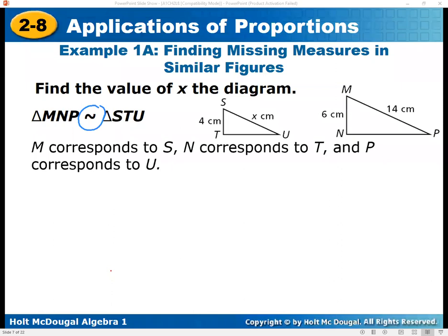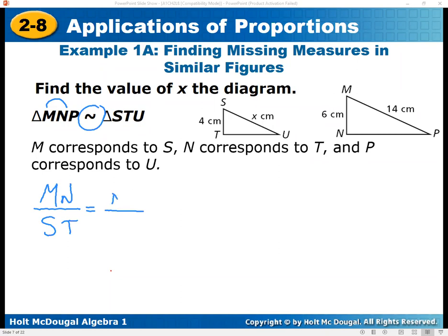Then directly we can start to express the relation between the sides. Then it will be MN over what? ST, exactly.